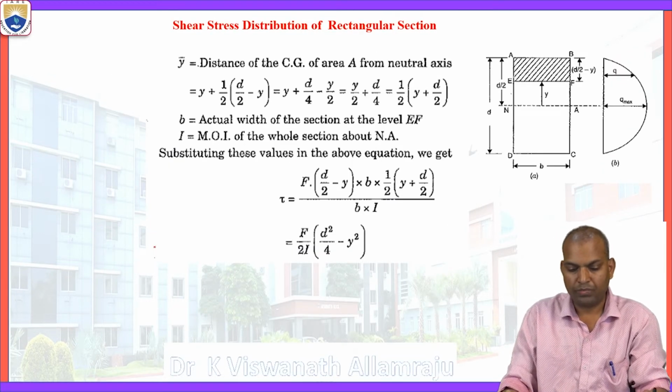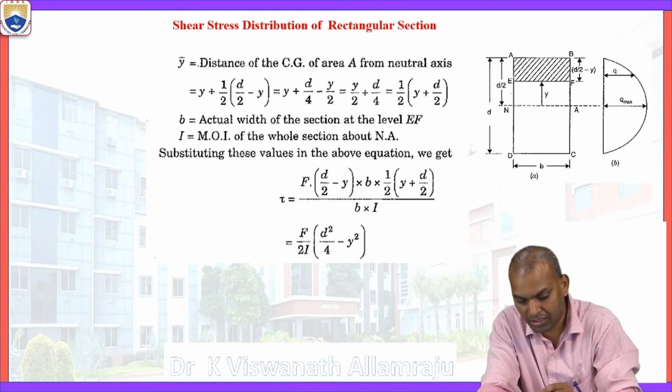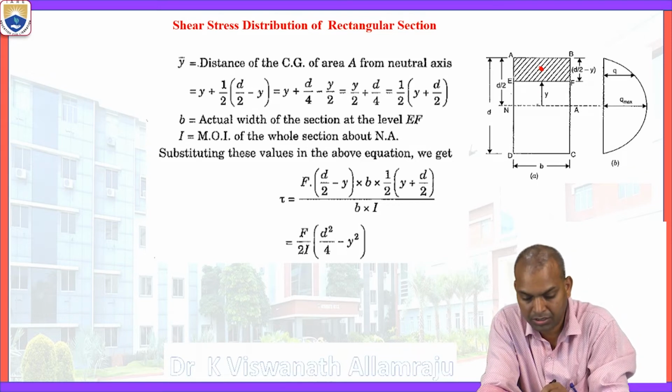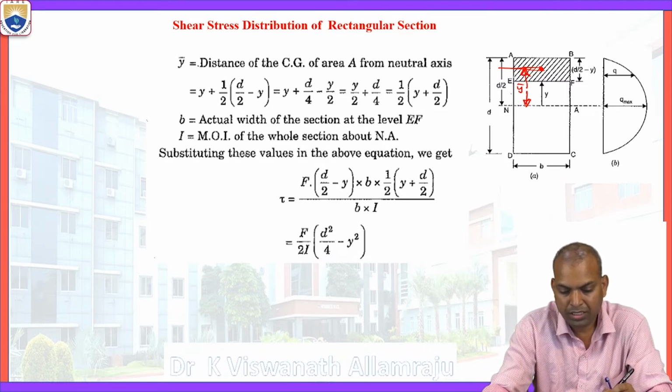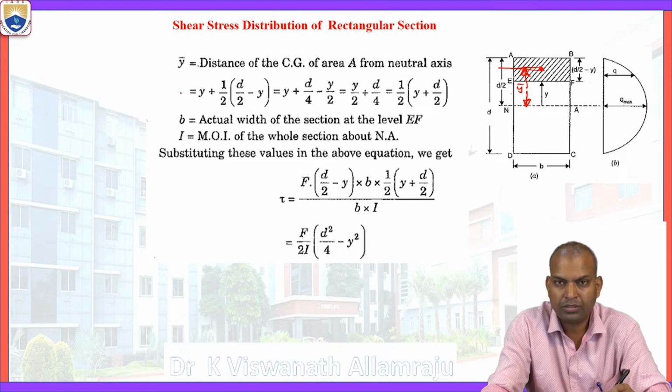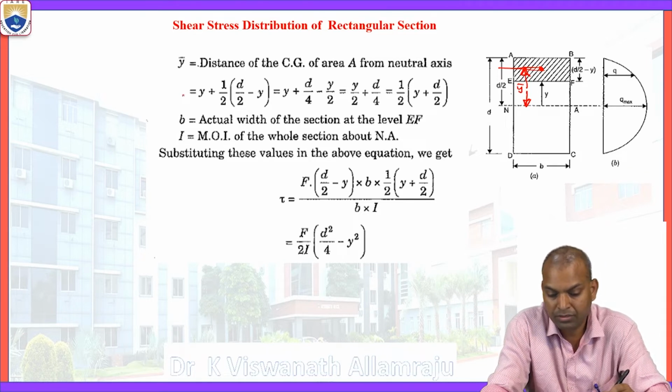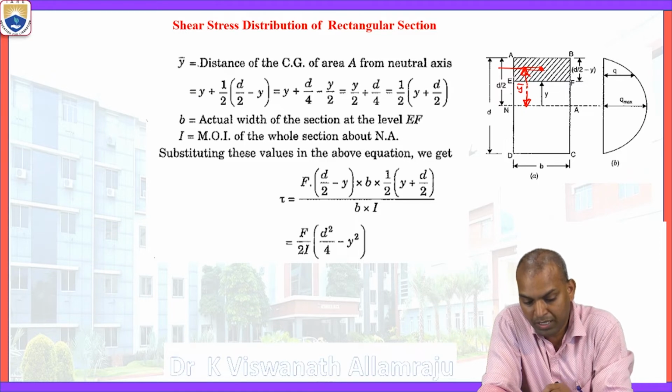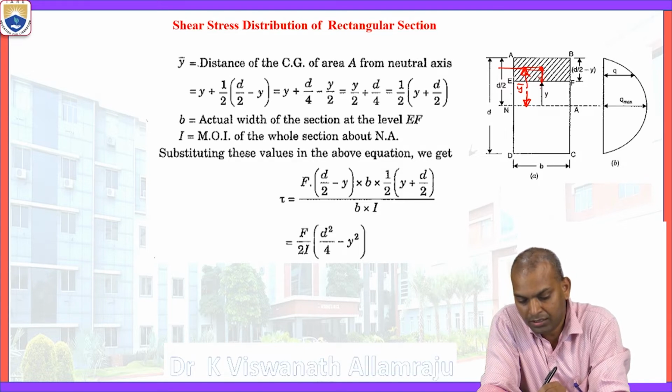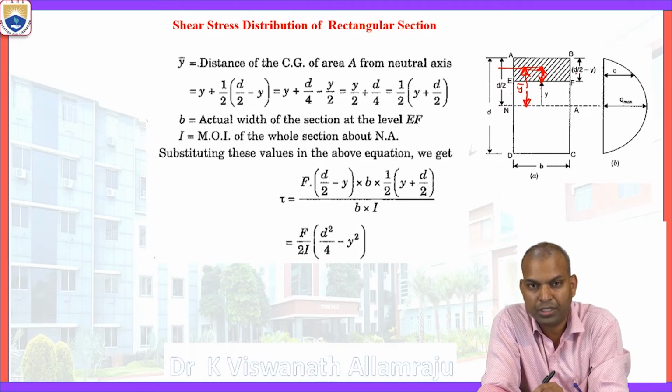Now we want y bar. Y bar is the distance from the neutral axis to the centroid of this shaded section. That y bar comes as y plus the distance from here to here, which is half of D by 2 minus y.